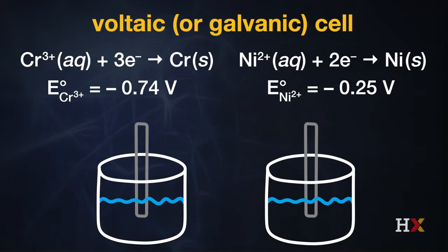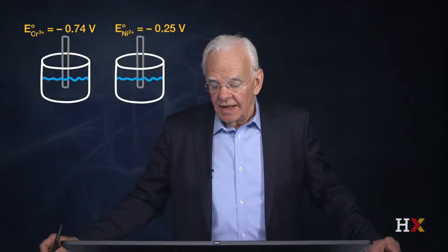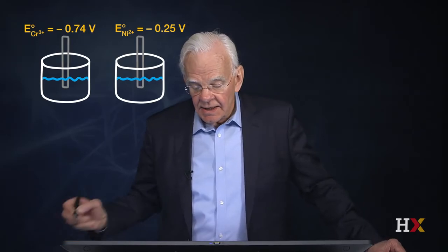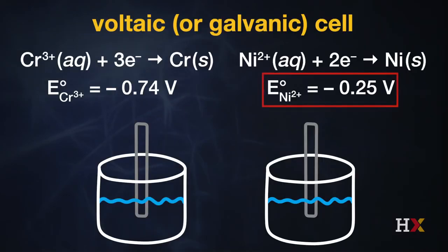When we look at the standard reduction potential, we can immediately tell which of those electrodes is the cathode and which one is the anode, because the cathode has the greater standard reduction potential. In this case, the nickel electrode sits higher in standard reduction potential than the chromium one. So we know that the Ni2 plus is going to be the cathode. It's going to be the winner of electrons.